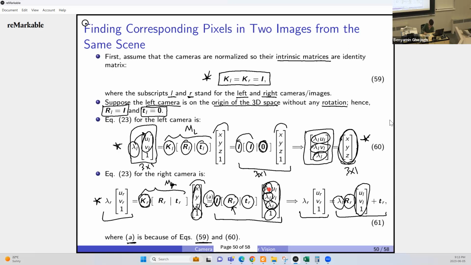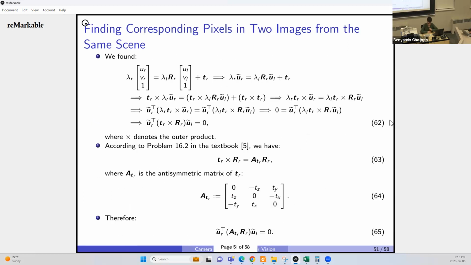Why? Because they were lambda L UL, lambda L VL, lambda L. I factor out lambda L, so it will be UL, VL, 1. I also have this translation vector times 1, which is the translation vector, right?